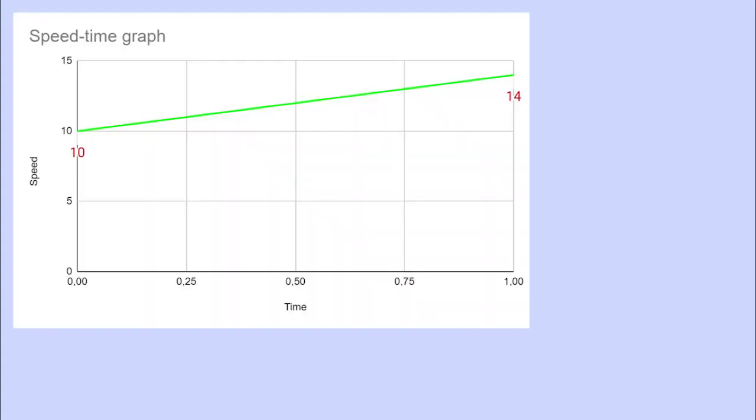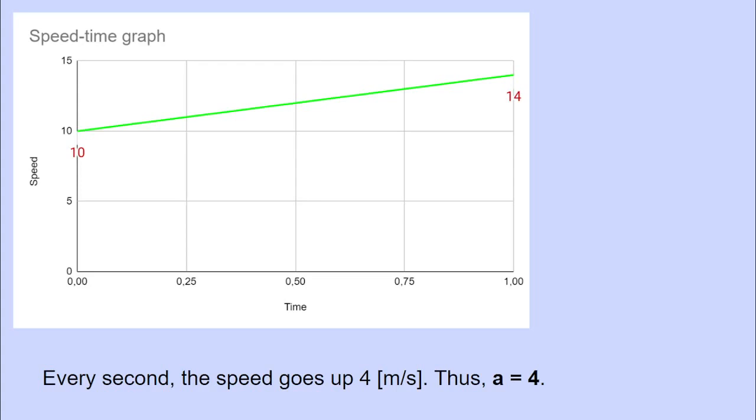We can plot this on a graph. Every second, the speed goes up 4 meters per second. You can see in this graph that the value of t equals 1 and the value of the speed has gone up 4 meters per second. Thus, a equals 4.